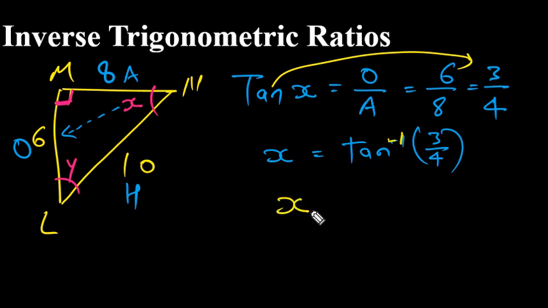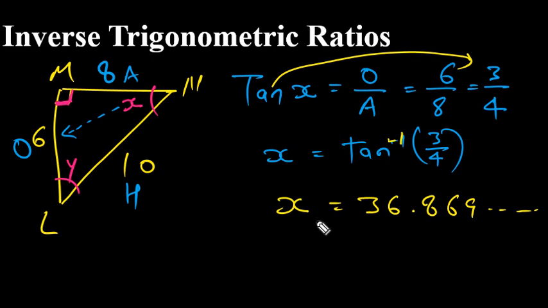Now if you have a calculator, use the calculator for this. In the calculator, use shift and you see the sign of tan. So shift tan, then you will get inverse, 3 divided by 4. So you will get x is equal to 36.869 and something.